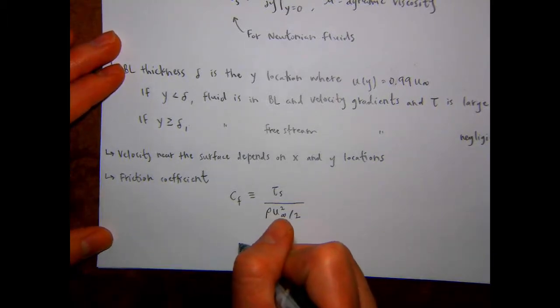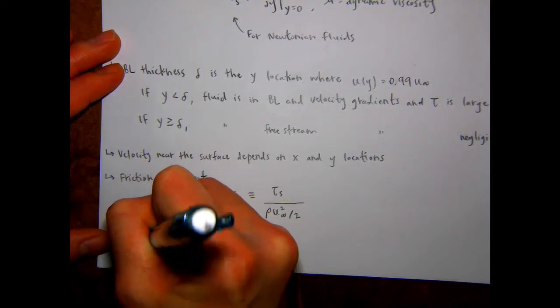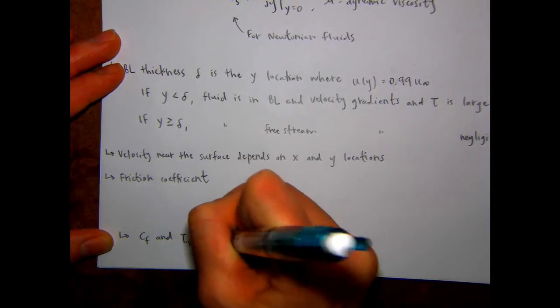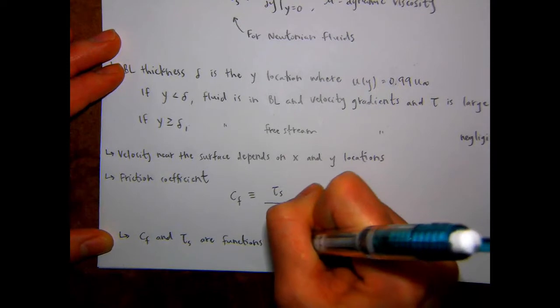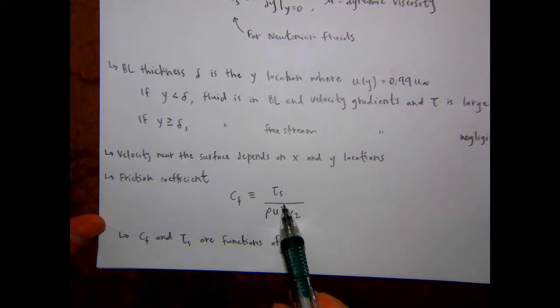And then we should remember that C sub f and tau sub s are functions of x. So tau is related to the velocity gradient at the surface, which is determined by the nature of the boundary layer. That varies with x, so the shear stress varies with x.